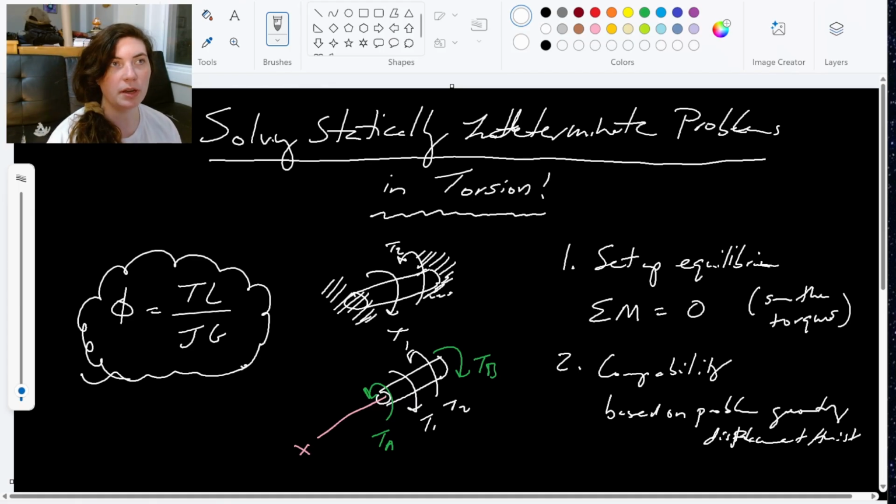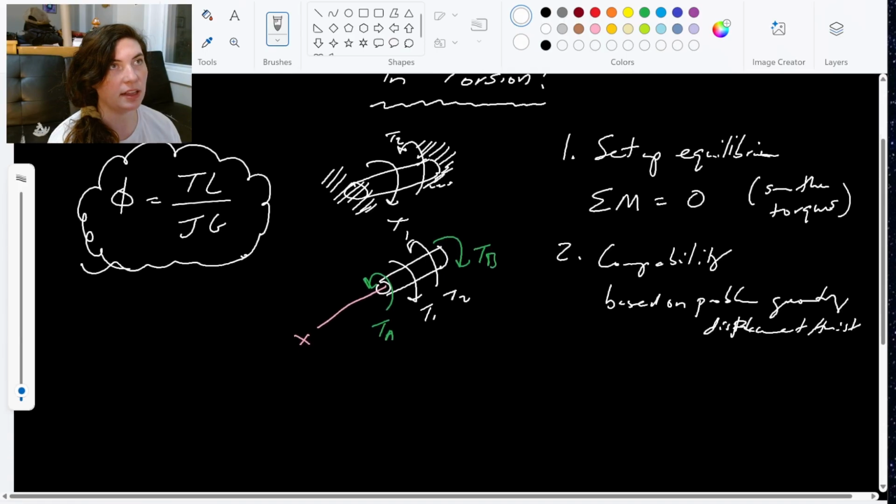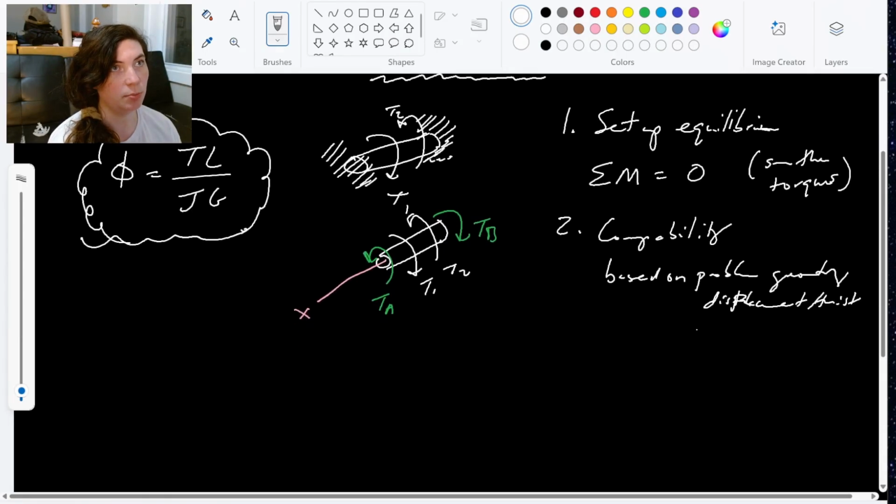We do the equilibriums, set up our compatibility based on what's actually going on in the problem, based on the problem geometry. And then we create that relationship of the angle that we find in this compatibility with this torque times length over polar moment of inertia times shear modulus of elasticity. This angle of twist relationship.